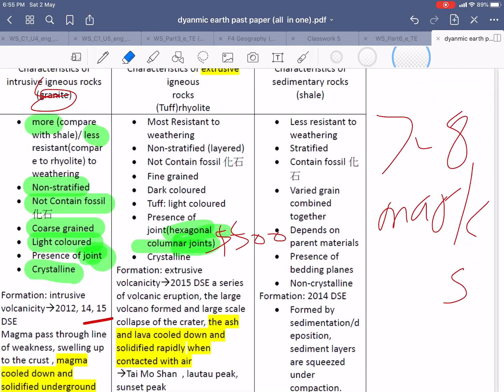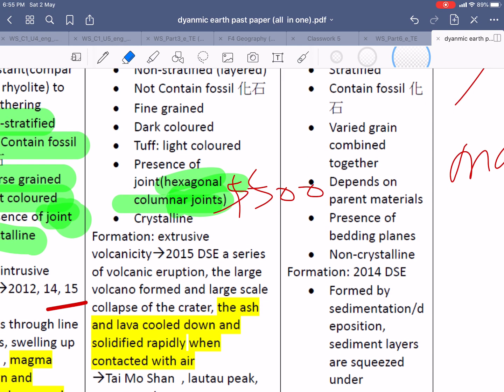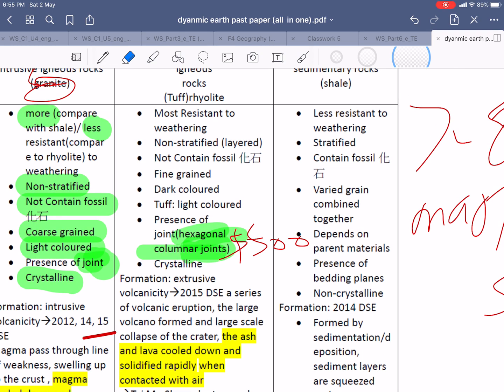And how about the extrusive volcanic rock? It is made up by the rapid solidification of the lava, which contacted with the air. Okay, so accordingly, there are some similar characteristics to granite.